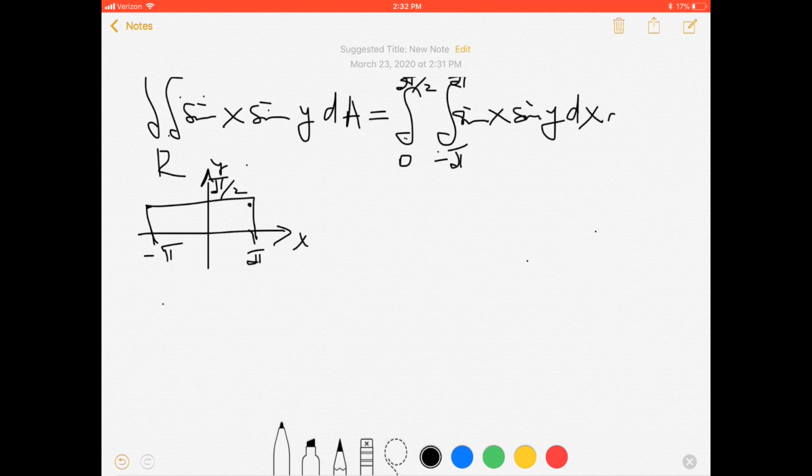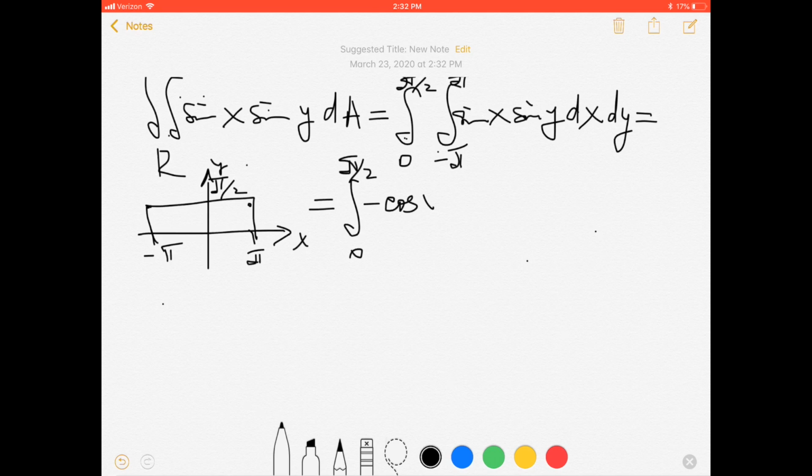This means here I write dx and then I write dy. Equal. Integrating is no problem. We integrate the function sine x dx. This will be negative cosine x. And we have the integral from 0 to pi over 2.